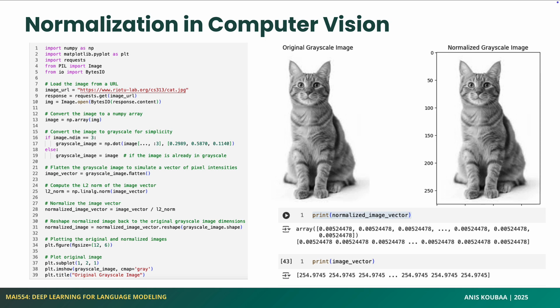Or we can divide by the Euclidean distance among all these values, and it will also result in a vector whose norm is equal to 1. And this is the normalized grayscale. Visually, there is no difference; it will not change the patterns of the picture.